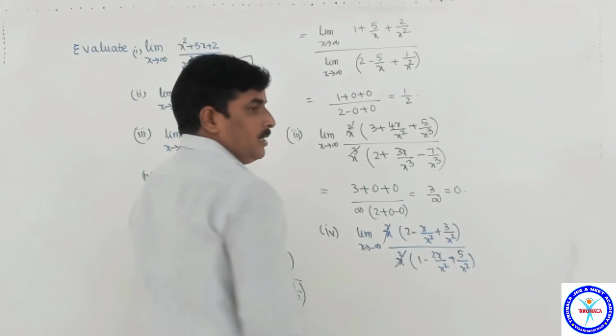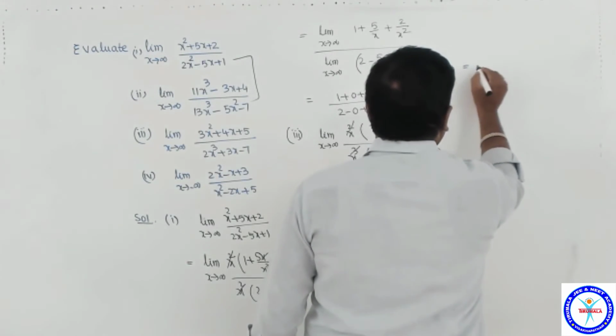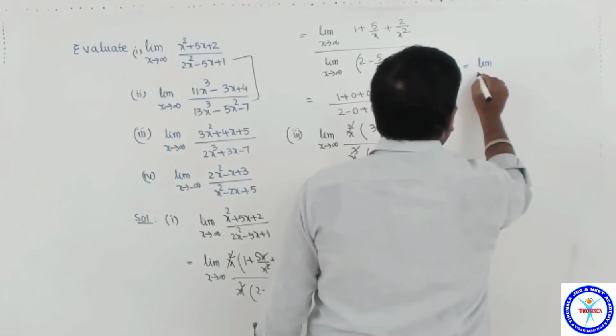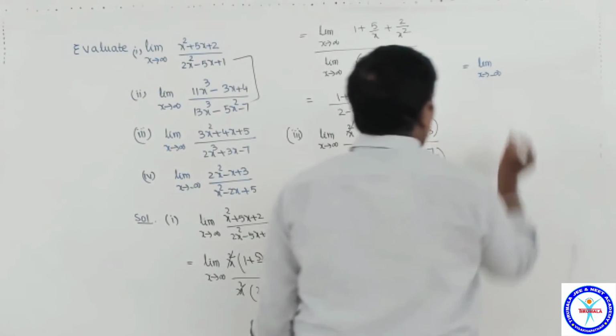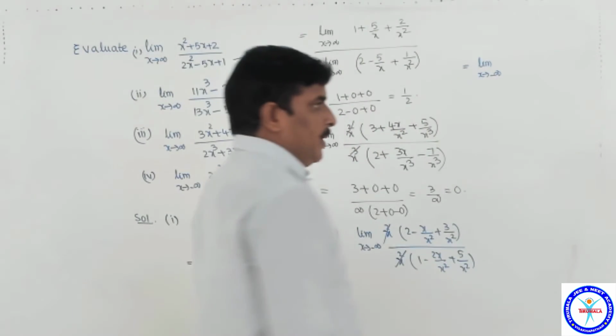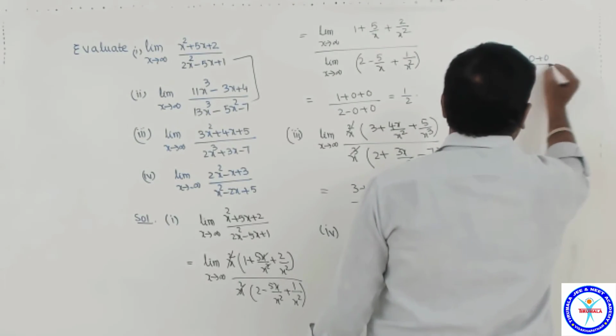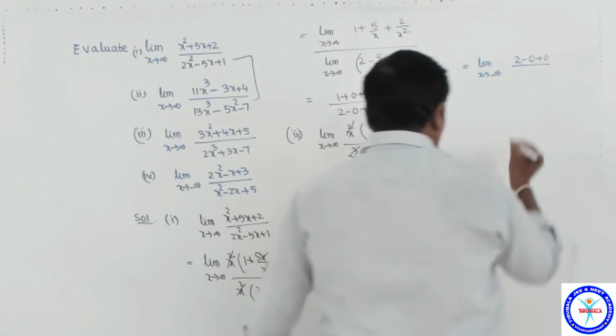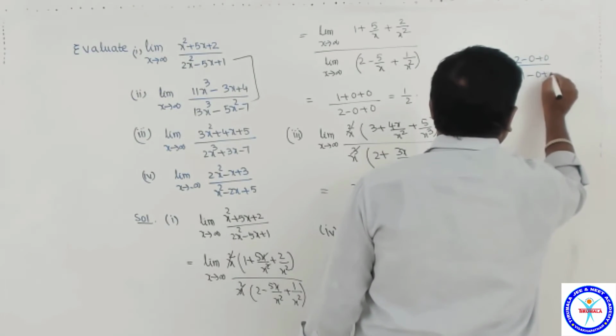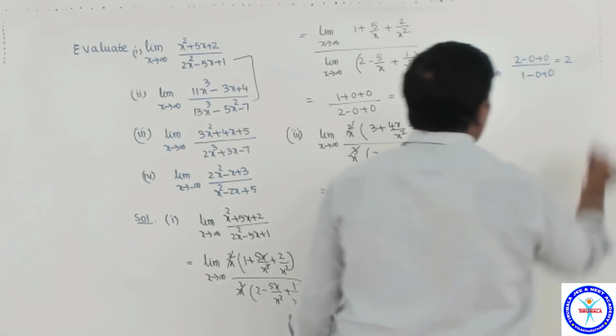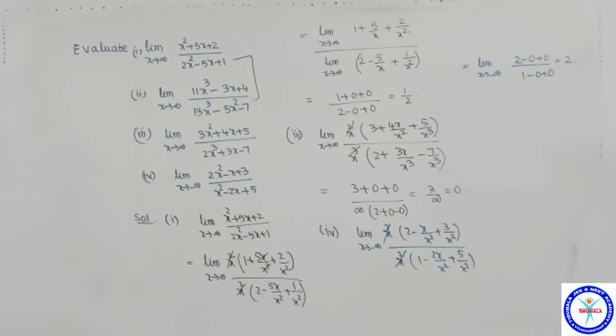X square cancel. This is equal to limit x tends to minus infinity, 2 minus 0 plus 0 divided by 1 minus 0 plus 0. This is equal to 2. Okay, write down.